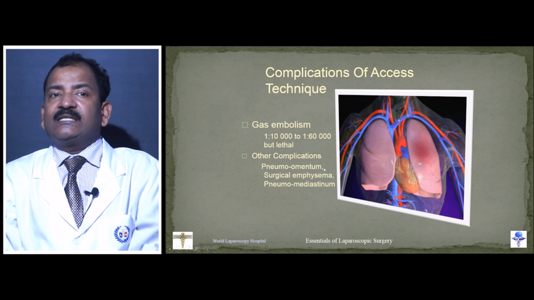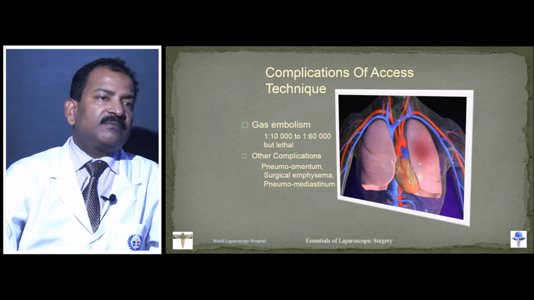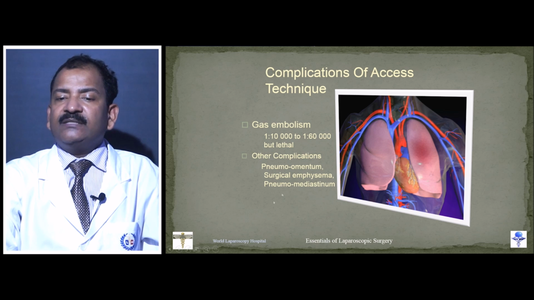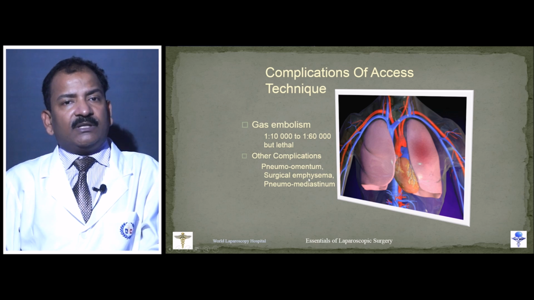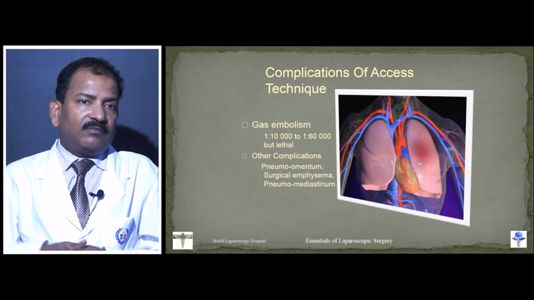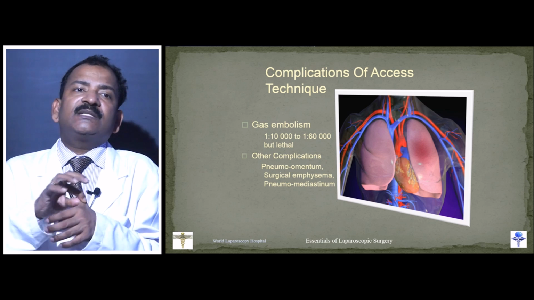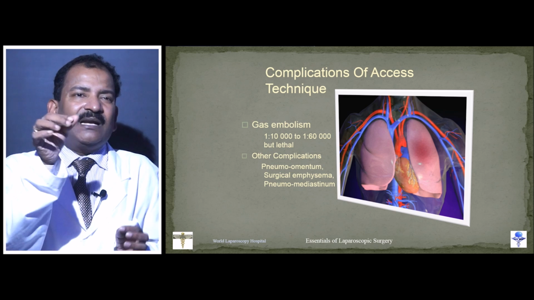Pneumo-omentum: you will see a crystal-like ball inside the abdomen, because some gas has entered into the omentum. Surgical emphysema is common in elderly people more than 70 years of age, because the subcutaneous plane is very lax, with parchment-like skin.